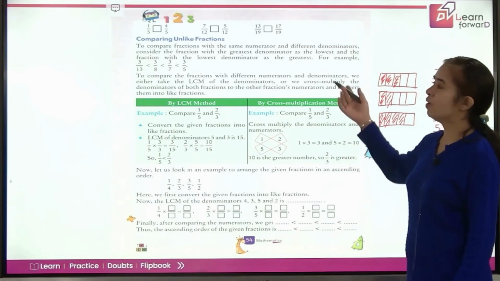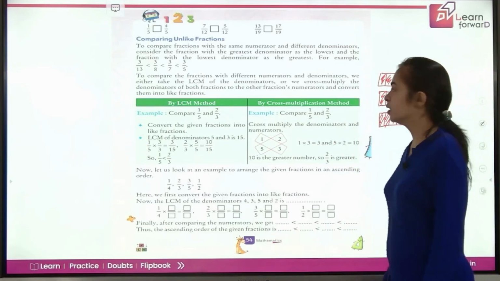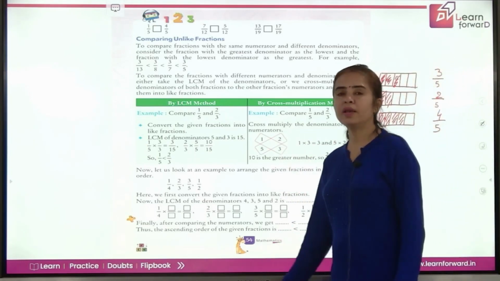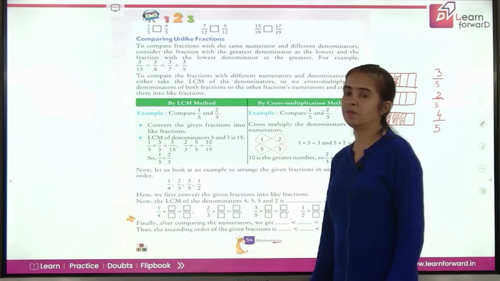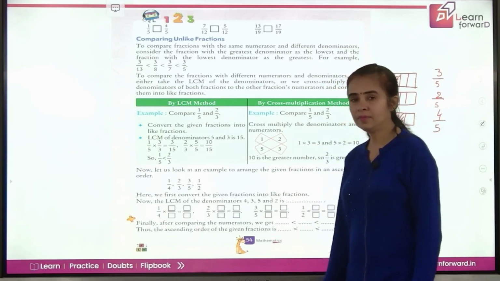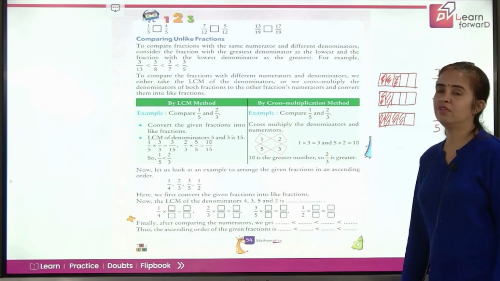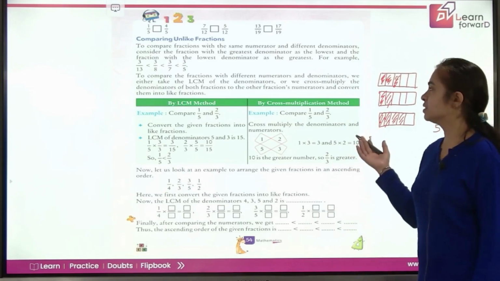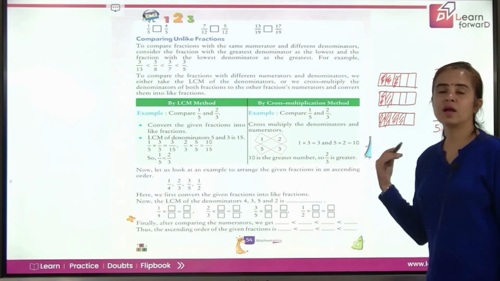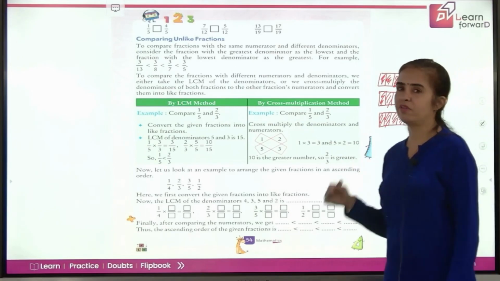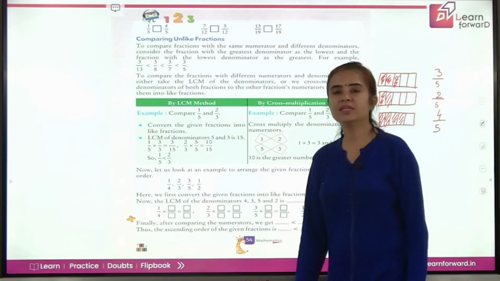But when you have unlike fractions, what can you do? To compare 2 unlike fractions, we can cross multiply as we have done while doing equivalent fractions. But there is another way of comparing unlike fractions by finding the LCM also. How? Let's take an example.